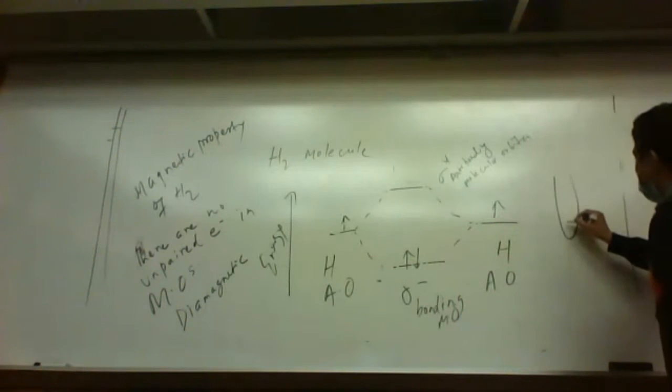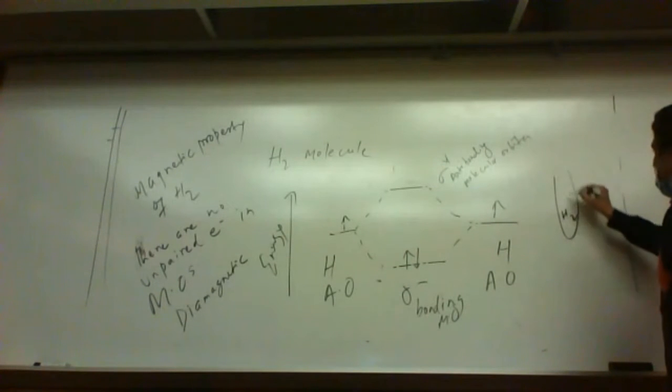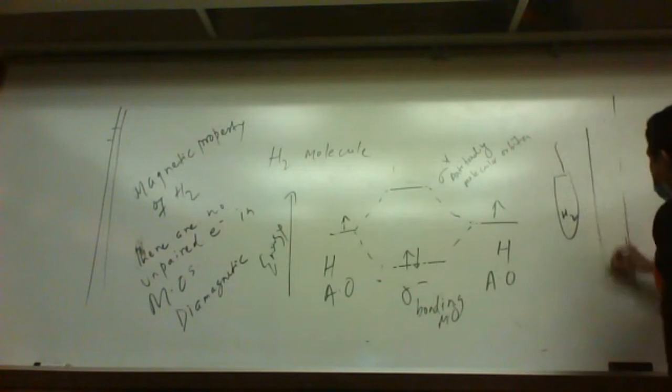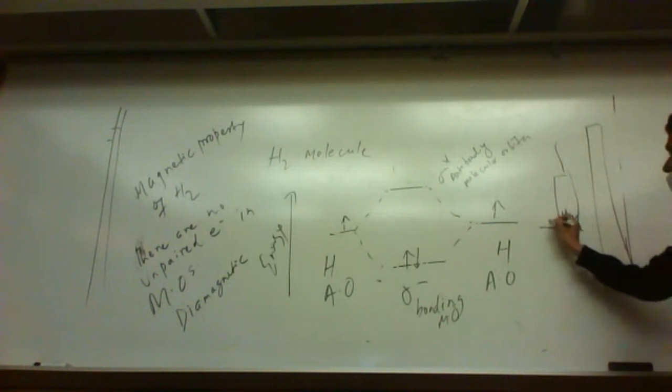So if you put hydrogen molecules, H2, in a test tube and hang it with a very big magnet here, the test tube will be repelled. Make sense? It's diamagnetic.